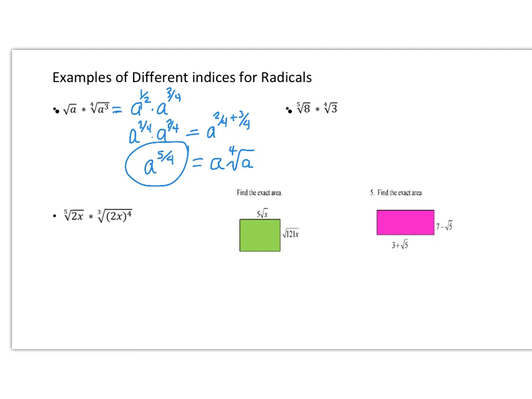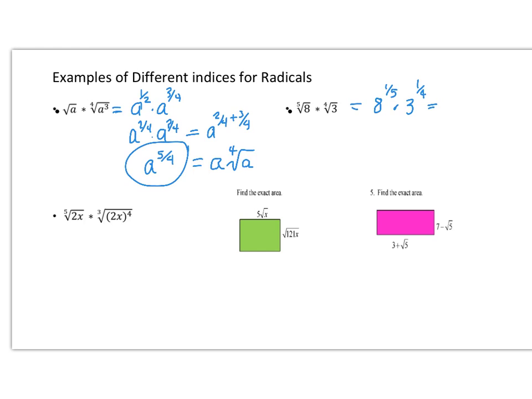Here we have different numbers, but that's not a big difference. If we have numbers, we can apply the same idea. So we have 8 to the 1/5 times 3 to the 1/4.